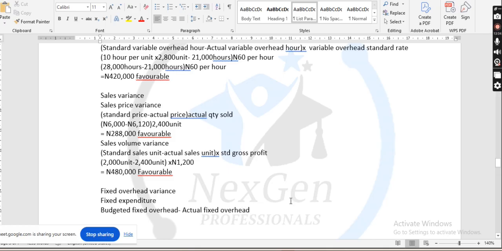Now the question is, in this question, what is our budgeted fixed overhead? What is the actual fixed overhead given to us in this question?